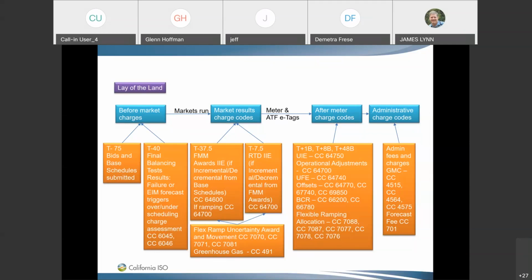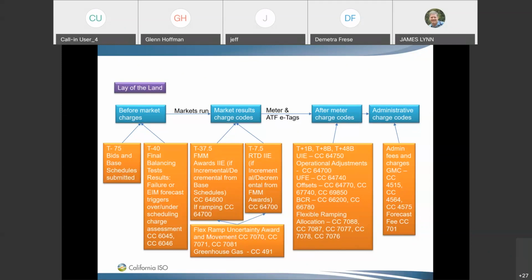Because when it comes to your uncertainty award, if you are awarded flexible ramp up to meet your need as well as an EIM area need, then that resource is going to get paid the flexible ramp price, the opportunity cost price in essence, for providing upward capability in your balancing authority area, plus the capability to meet the EIM area, so the opportunity cost to meet the EIM area's requirement.